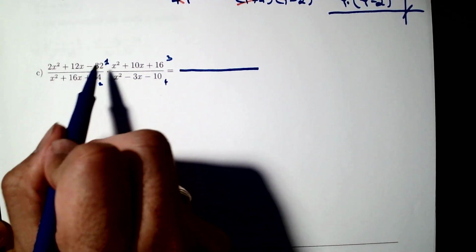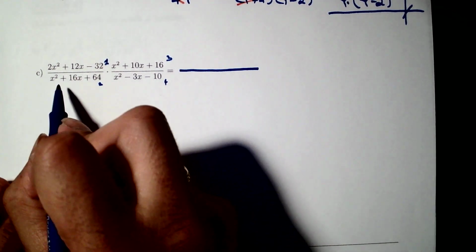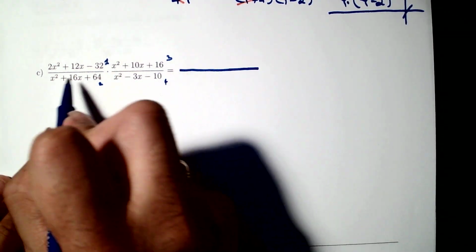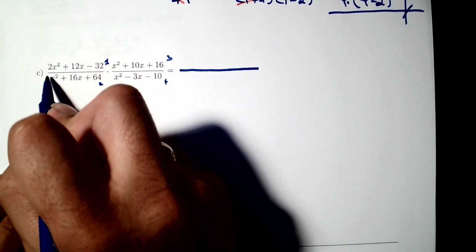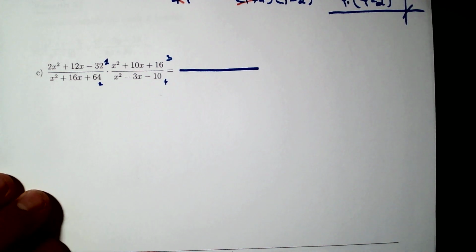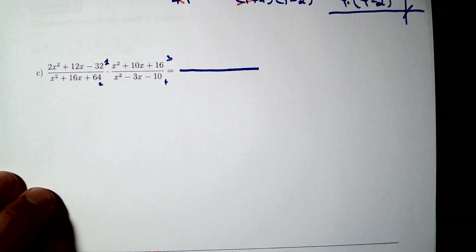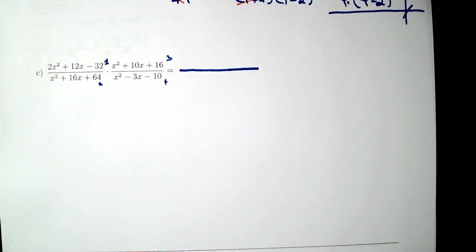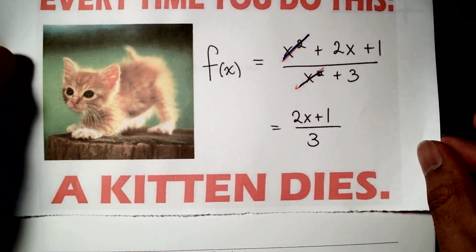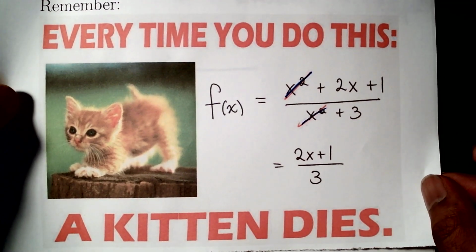I'm going to deal with this one separately. The other ones, if you observe, they are trinomials with leading coefficient 1. Again, can I divide out these x squares? These x squares, we cannot divide those x squares simply. What happens if you divide those x squares? A kitty dies. Okay.